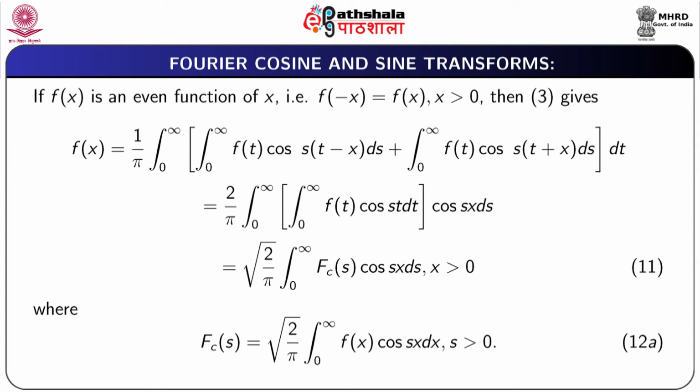Next, we derive the Fourier cosine and sine transforms. If f(x) is an even function, that is f(−x) = f(x), x positive, then from the representation of f(x) given by the Fourier integral theorem, we get f(x) equal to 1/π ∫ from 0 to ∞ of [∫ from 0 to ∞ f(t) cos s(t − x) dt + ∫ from 0 to ∞ f(t) cos s(t + x) dt] ds.